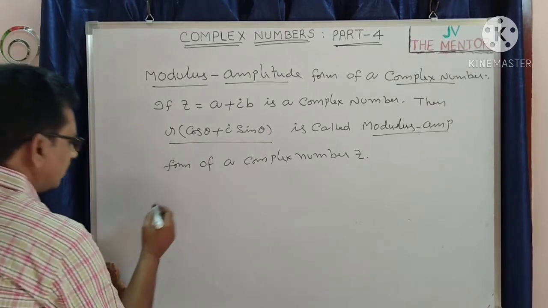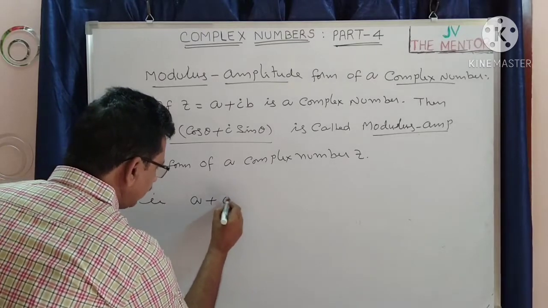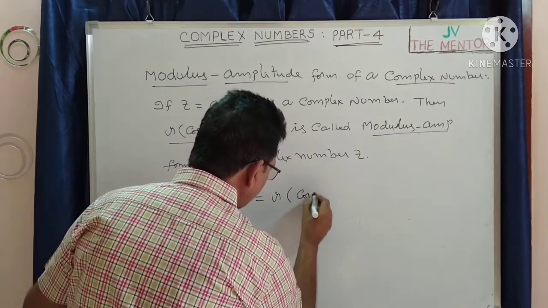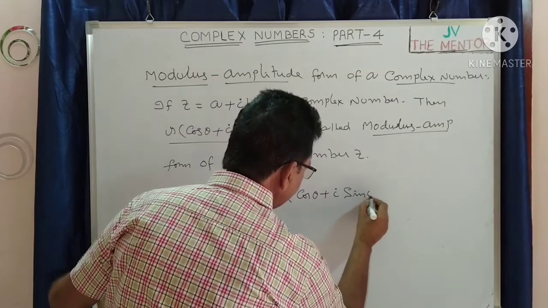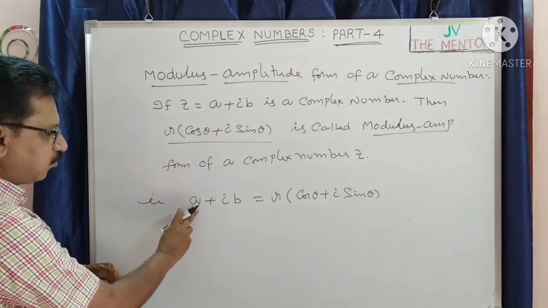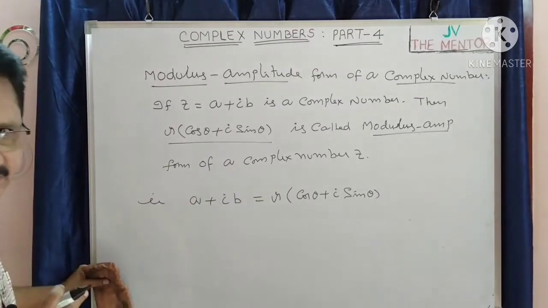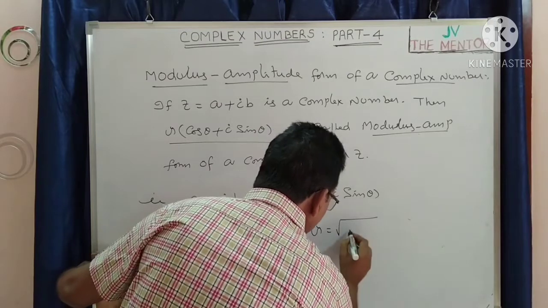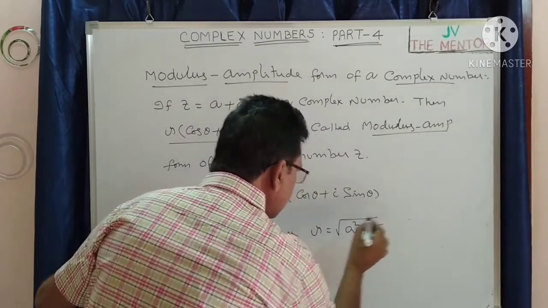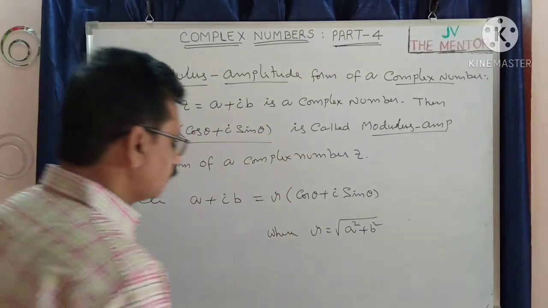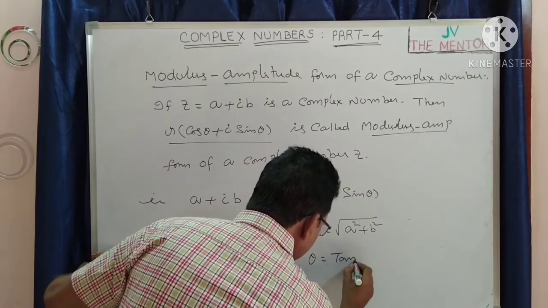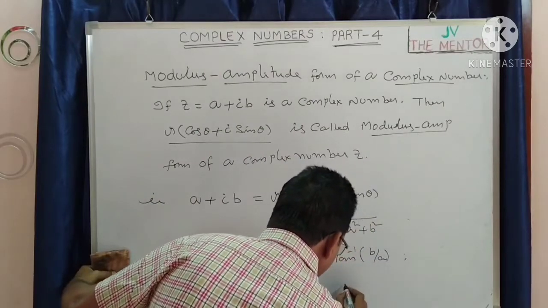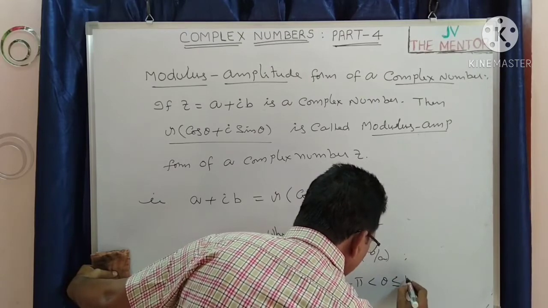That is, a plus ib can be written in modulus amplitude form as r into cos theta plus i sin theta, where r equal to root of a square plus b square and theta equal to tan inverse b by a, where minus pi less than theta less than or equal to pi.